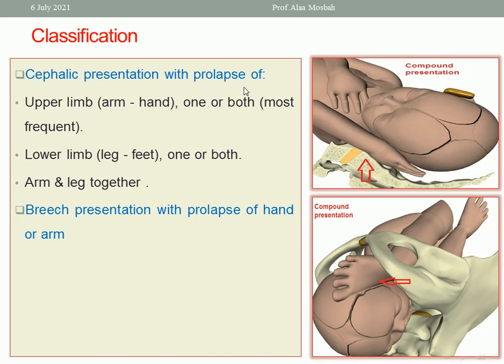Cephalic presentation with prolapse of upper limb, lower limb, or arm and the leg together, or the other group, breech presentation with prolapse of hand or arm, as in this picture: vertex with arm, and this picture, vertex with leg and foot. So any extremity, upper limb or lower limb, alongside the presenting part is called compound presentation.